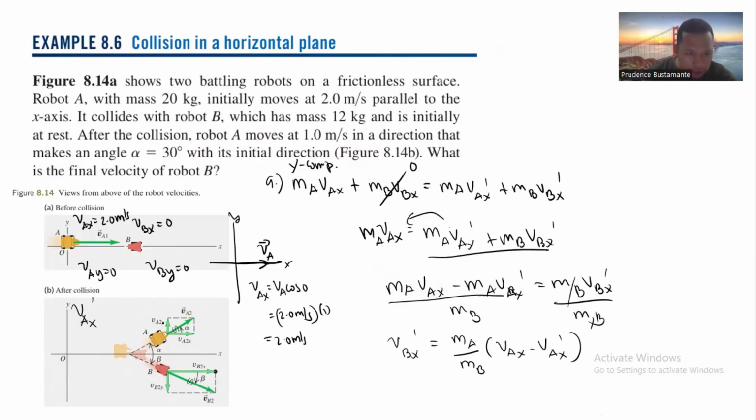If you look at this one, this is the final velocity with an angle of 30 degrees. If we zoom in, this is now our final velocity of our A in that direction. We have 30 degrees. It has a component VAX prime, which is equal to VA prime cosine of 30 degrees.